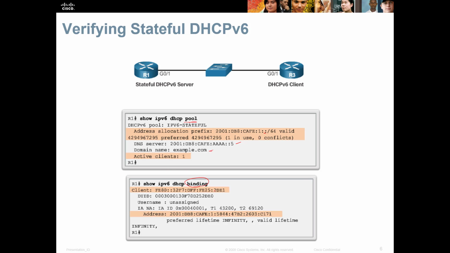It's the binding address for DHCPv6. So let me just say that this is the client address. Anyway, this client address, that's the link local address of the client, the link local address of R3.